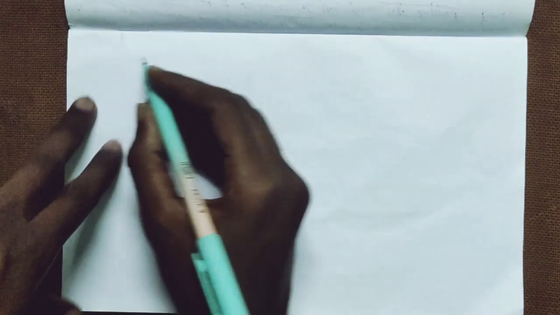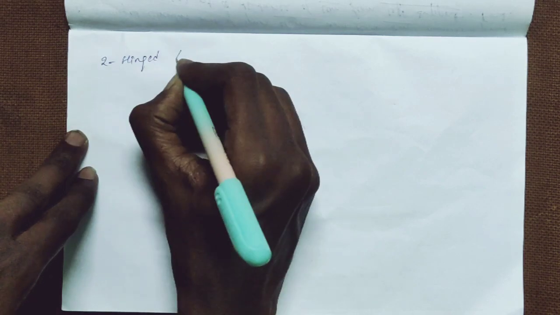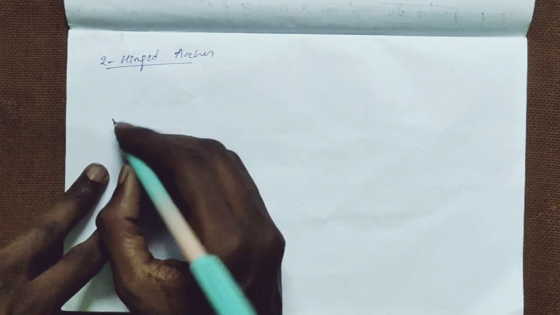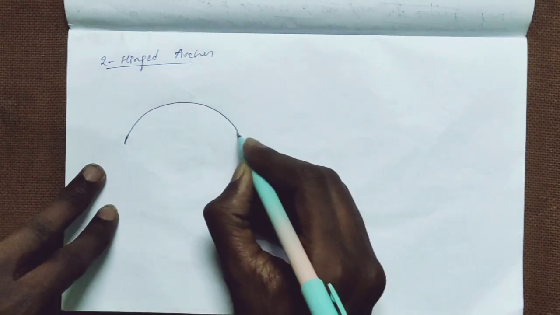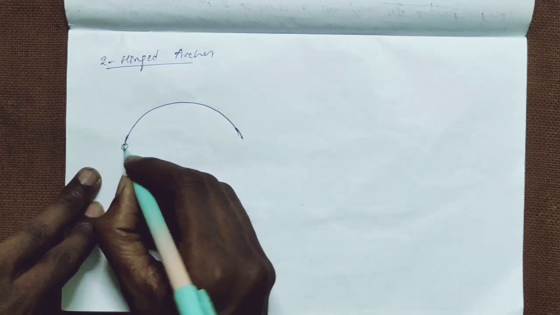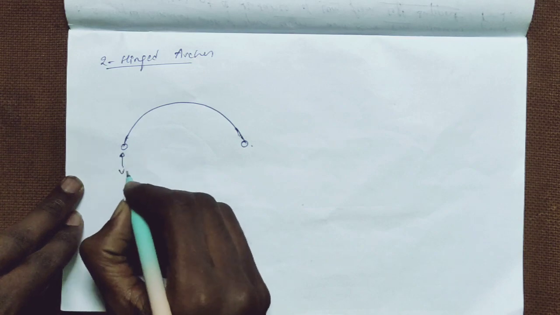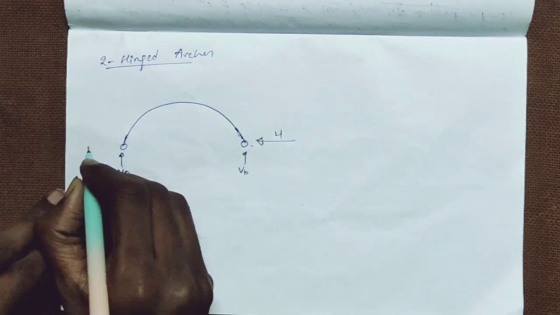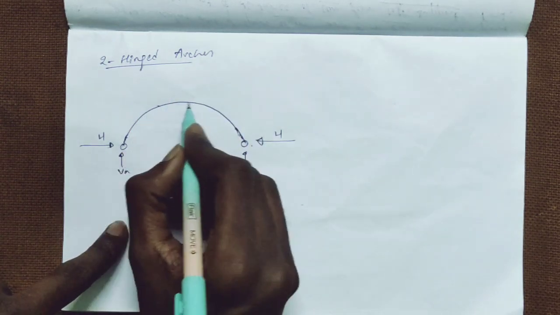So now let's start two hinged arches. Let us draw the figure. This is a hinge and this is a hinge. So we will have VA, VB, H, H, and there will be no crown hinge.